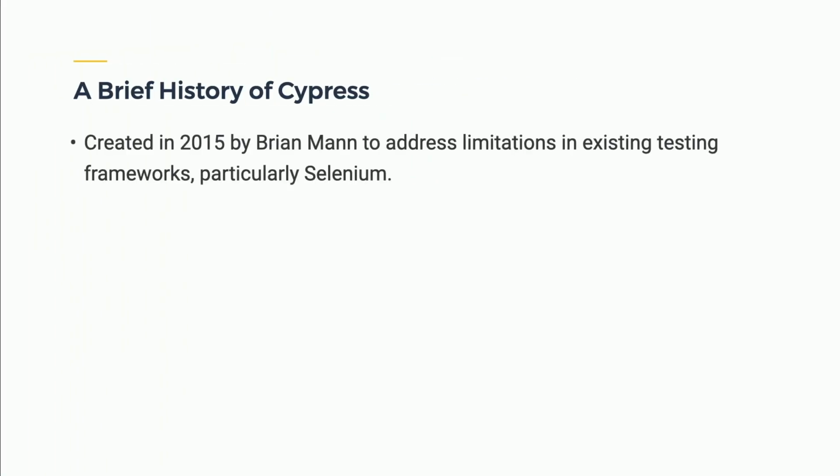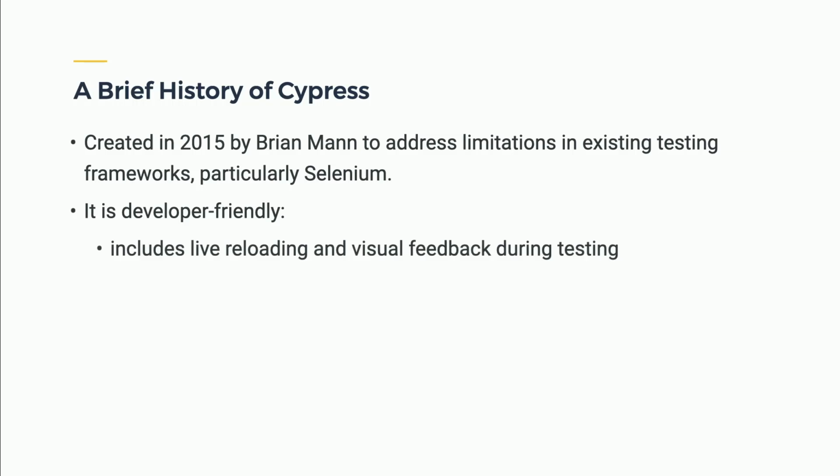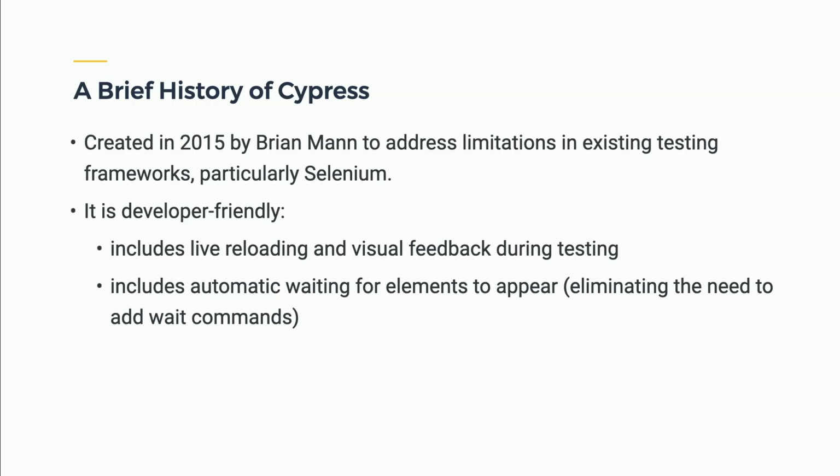A brief history. It was created in 2015 by Brian Mann to address limitations in existing testing frameworks, particularly Selenium. It is developer friendly. That's why it got so popular. It includes live reloading, visual feedback during testing. These are all awesome things compared to Selenium, and a whole bunch of other tools.